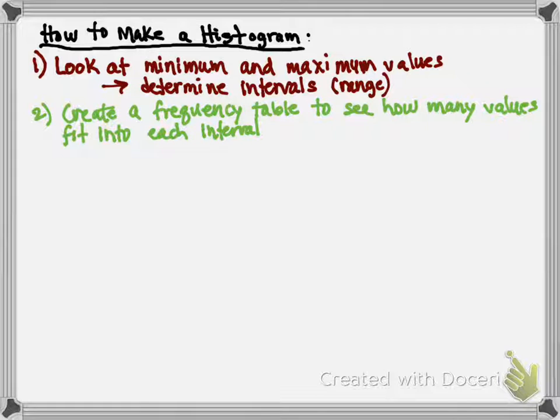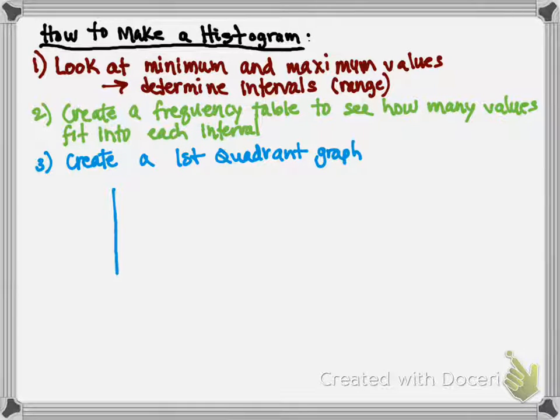And then we're just going to create a first quadrant graph. So I'm going to give you kind of what it's going to look like generically. This is where your equal intervals are going to be. That doesn't look really equal.